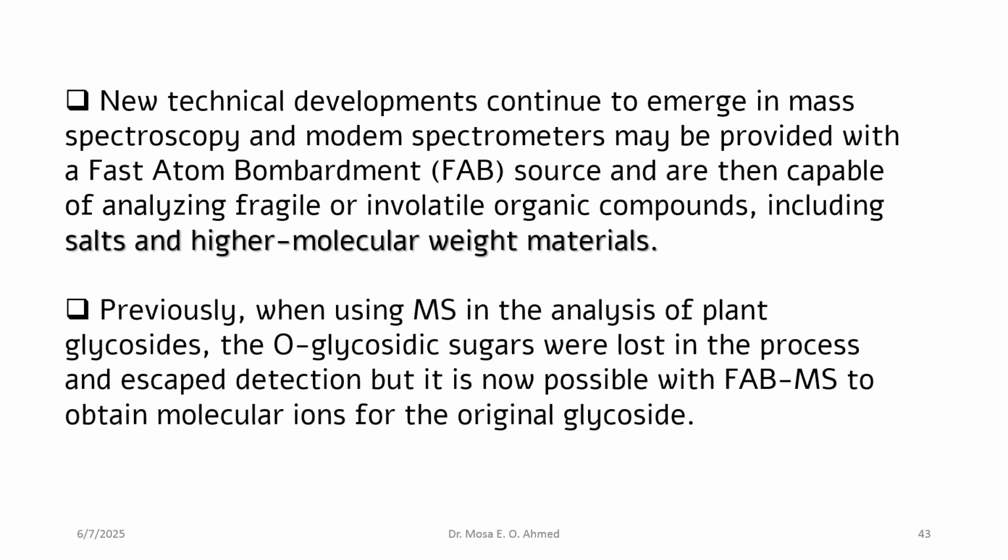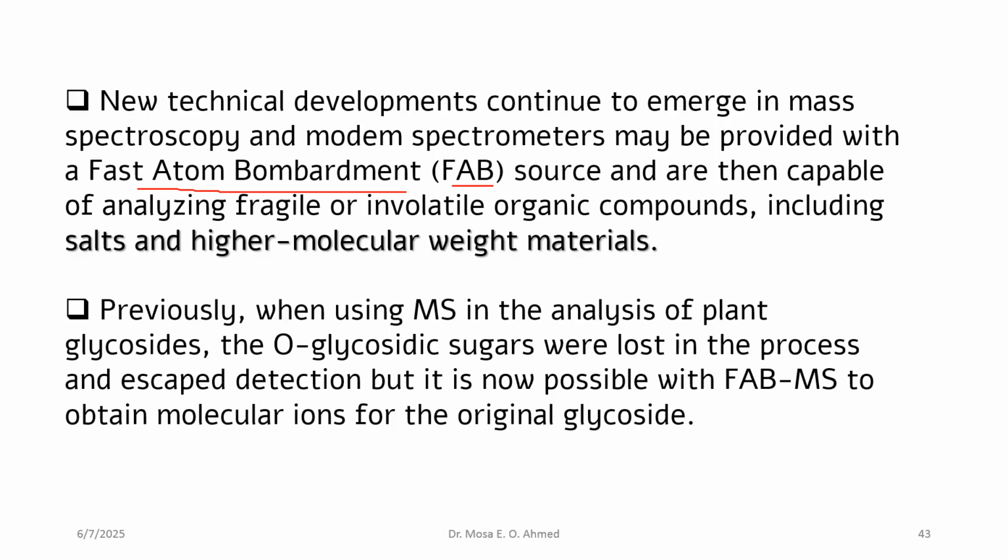The advancement in mass spectrometry allows the apparatus to identify polar and non-volatile salts, especially when a fast atom bombardment, FAB, source is added. Then the technique can be useful for analyzing fragile or involatile compounds.